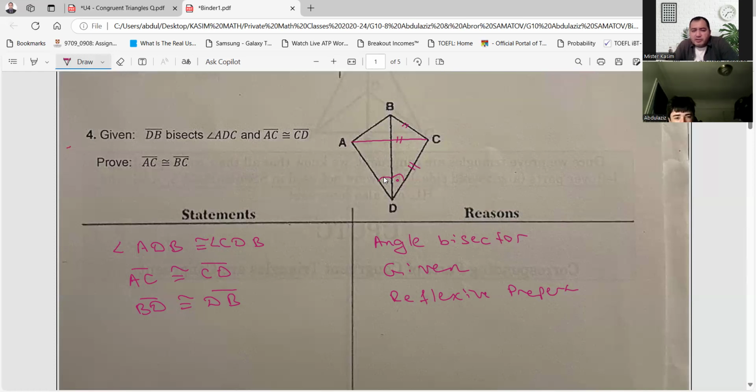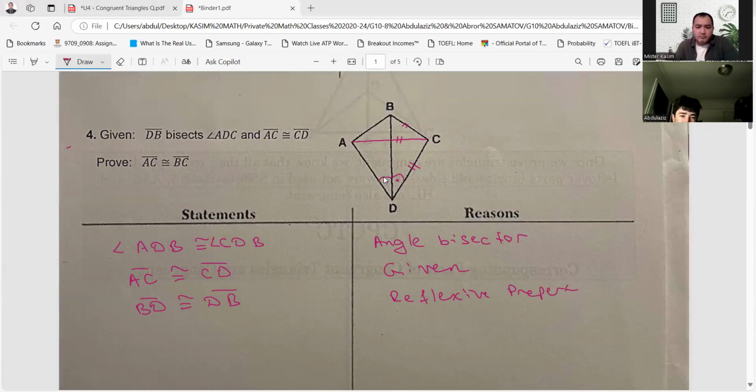If something is missing here in the question, I don't think this question is correct. Give me a second. ADB, CDB.